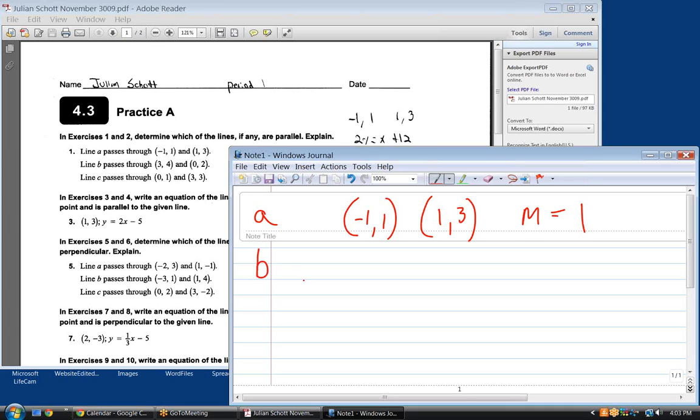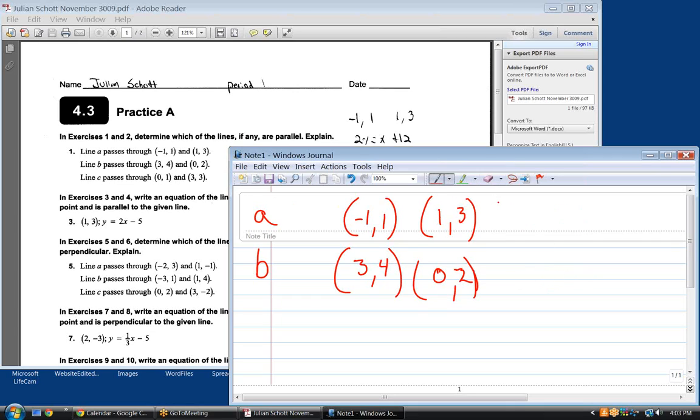Okay, now let's look at line B. What's that slope? 3/2. Okay, don't do it backwards. In other words, make sure that you do the slope right.